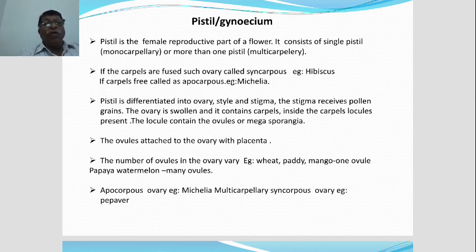I already told you, the pistil is differentiated into basal swollen ovary, middle style and upper stigma. What is the function of stigma? The stigma receives the pollen grains at the time of pollination.